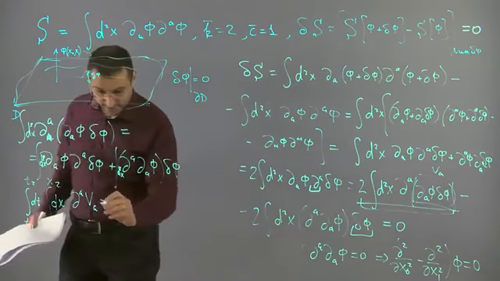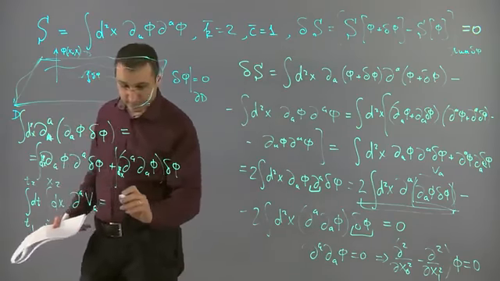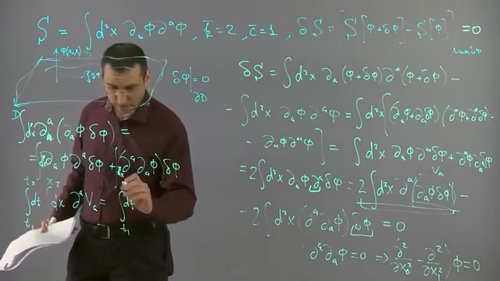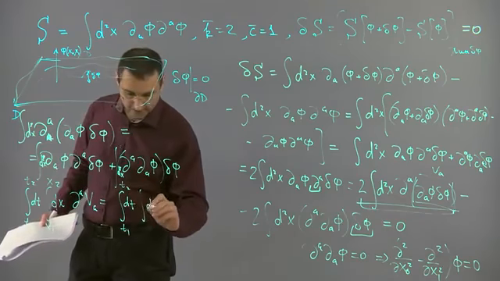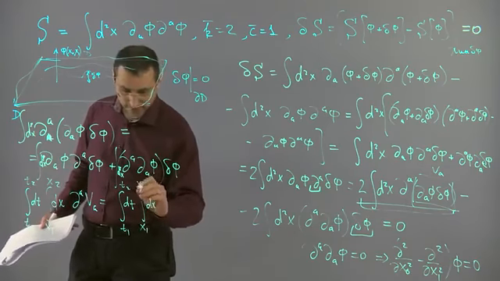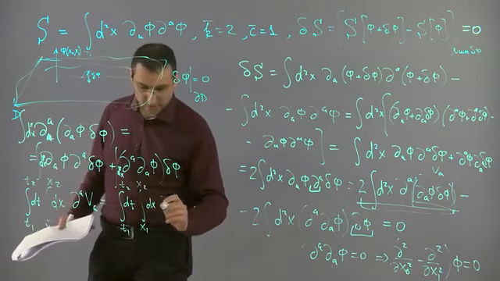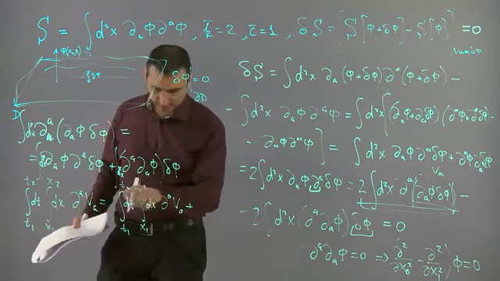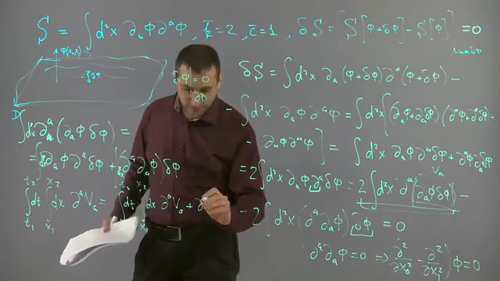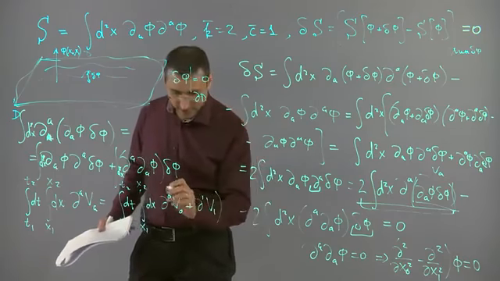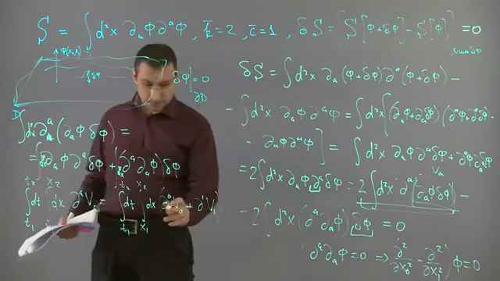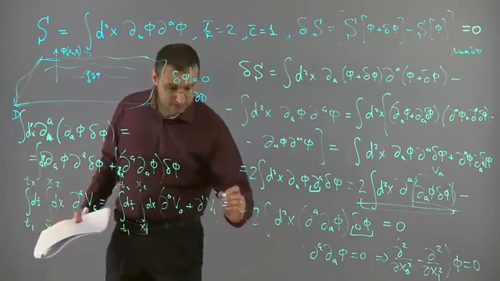And what is this? This is nothing but the integral over dt from t1 to t2, dx from x1 to x2, d0 acting on v0, which is differential with respect to t, plus d1 acting on v1.